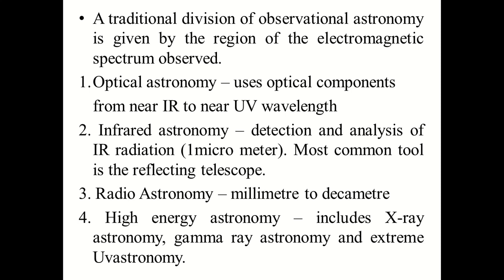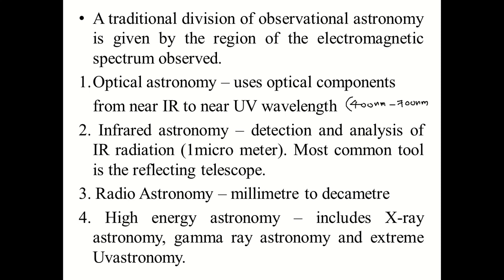It uses optical components like lenses, mirrors and solid state detectors to observe. In this division, we observe the light from near infrared to the near UV wavelengths. That means around 400 nanometers to 700 nanometers.